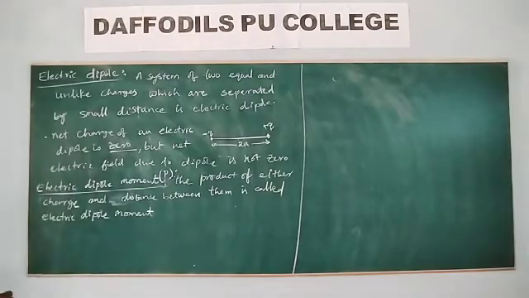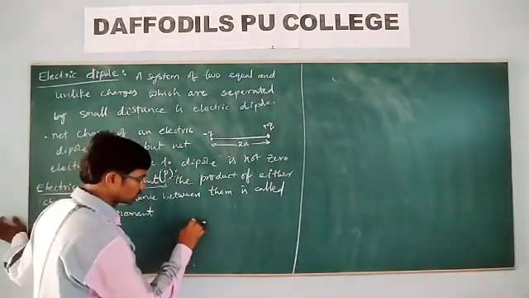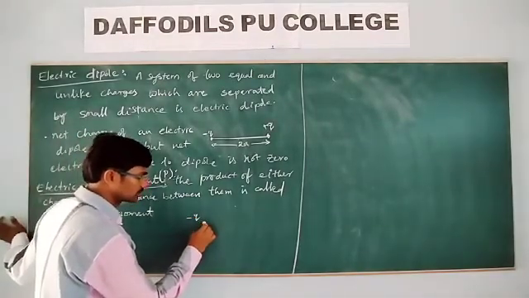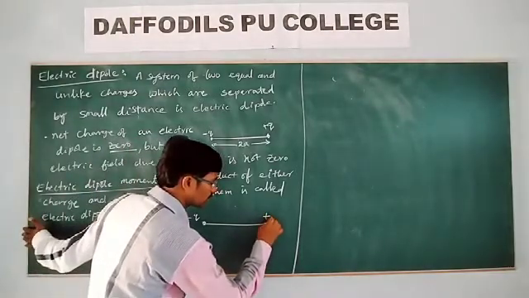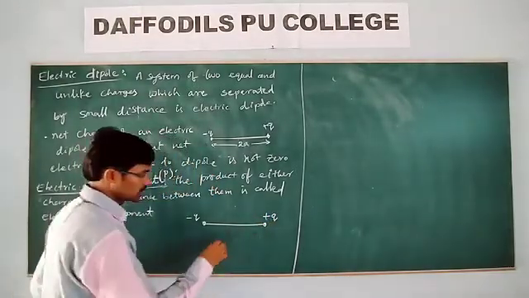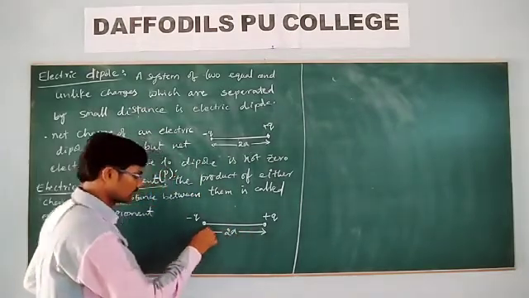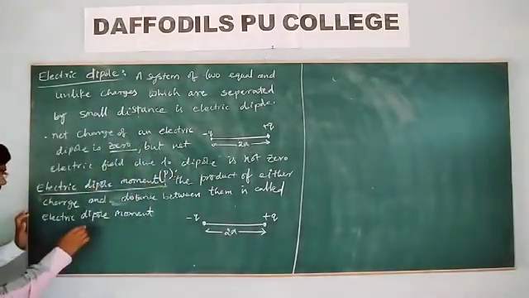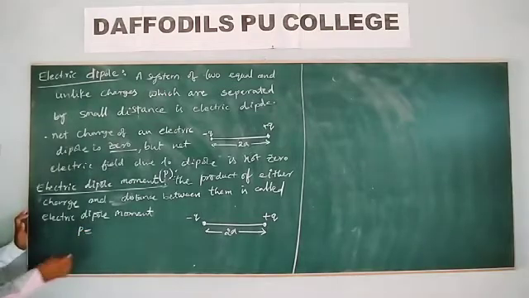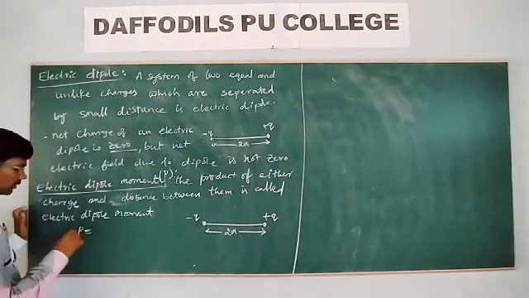Okay, now let me write here again. Plus Q charge, and the separation between these two charges is 2a. Now the electric dipole moment P is equal to what?